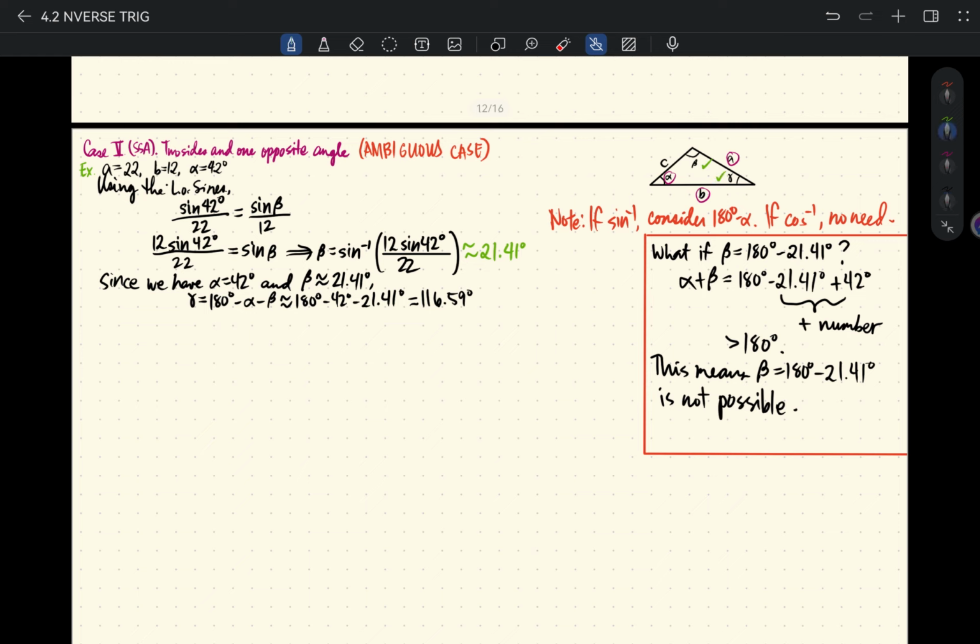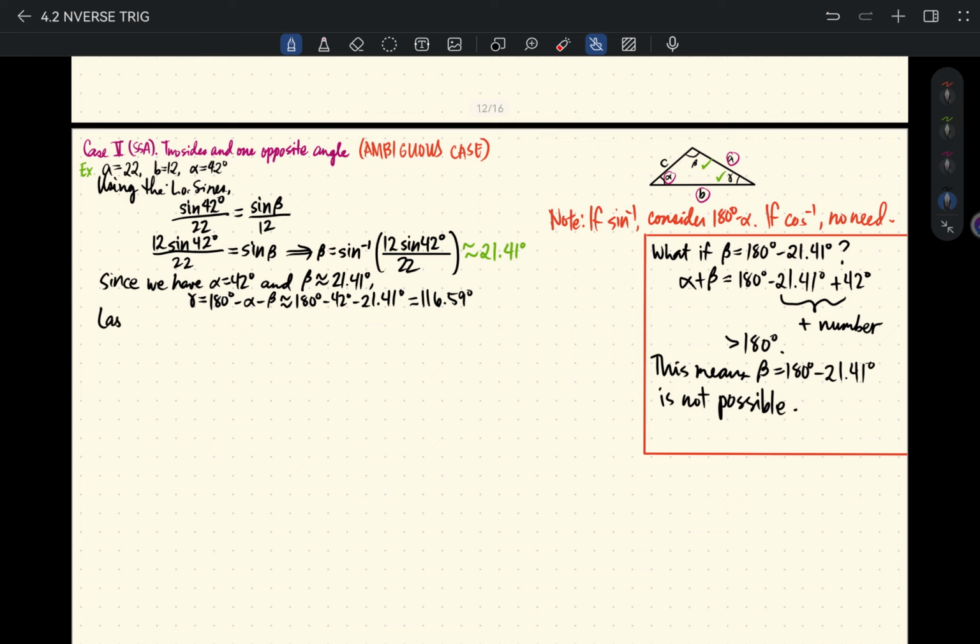What we just need is C. And to get C, we can use law of sines by using this one right here and this one, or using this one and this one. So I guess I'll choose A and alpha.